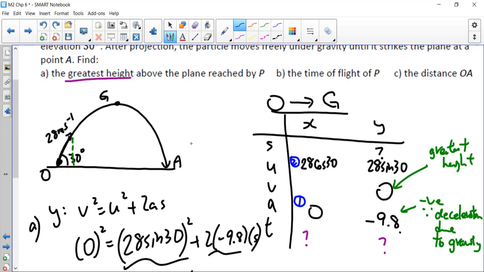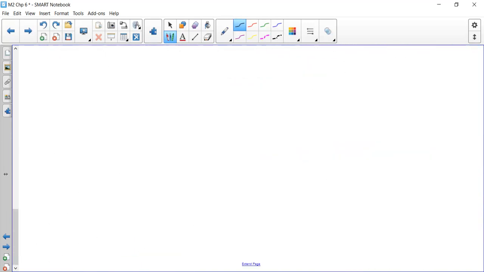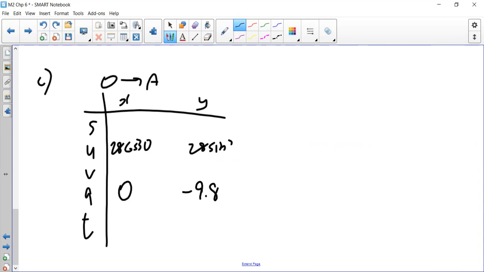So the distance OA, this super table is for O to G. If I want to find distance O to A, then I have to make a table for O to A. So for part C, I need to do O to A. So I set up a new super table: X, Y, S, U, V, A, T. Again, AX is 0. AY is minus 9.8. UX is 28 cos 30. UY is 28 sin 30. So that's what we almost do every time.